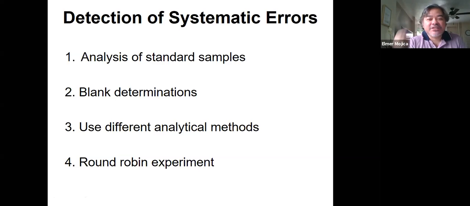The first thing for you to have is, don't trust the results. The same thing that I always do to my students. I don't trust the results, especially if they get it when they do it themselves. So how are you going to detect that there's a systematic error? These are 4 ways to detect what we call systematic errors.